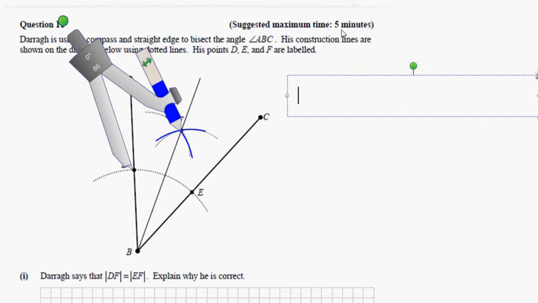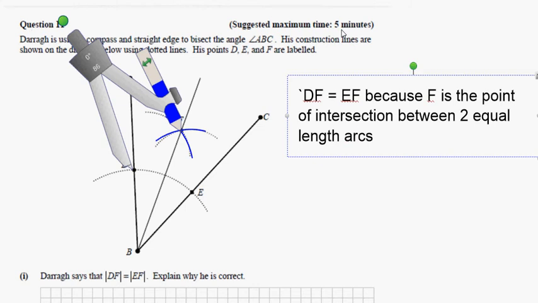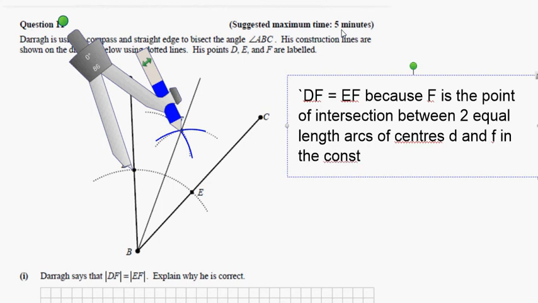Okay, what we can say is that DF equals EF because F is the point of intersection between two equal length arcs of centers D and E in the construction. Okay, so that's one answer there.